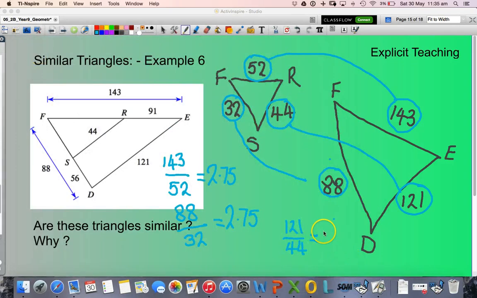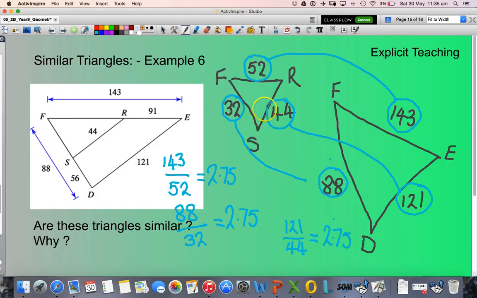So 2.75, so I can say that if I take any side on this triangle and multiply it by 2.75, I will end up with that side. So I can say that these two triangles, FSR and FDE, are similar due to the condition SSS.